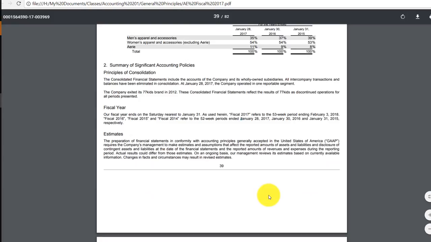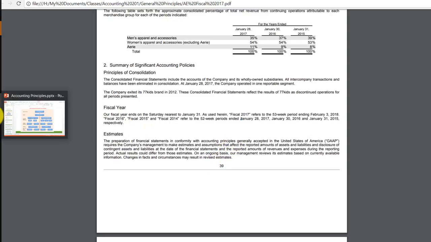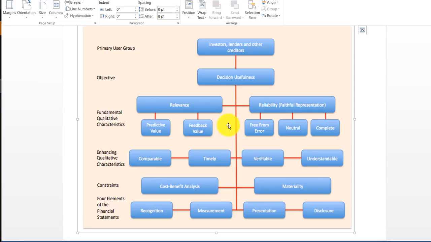Estimates. This paragraph makes assumptions and estimates about various assets and liabilities, and they could be changing. If we look at our principles, we like things that are verifiable, and the whole point of the estimates disclosure is to tell us that maybe it's not exactly verifiable.